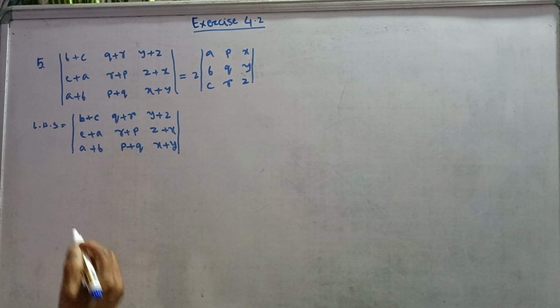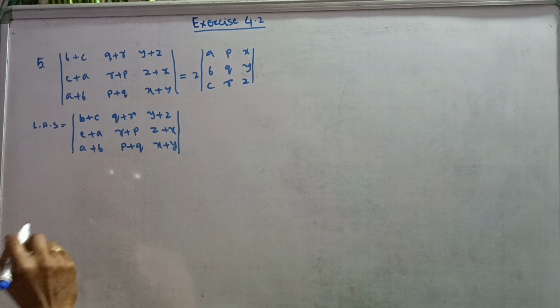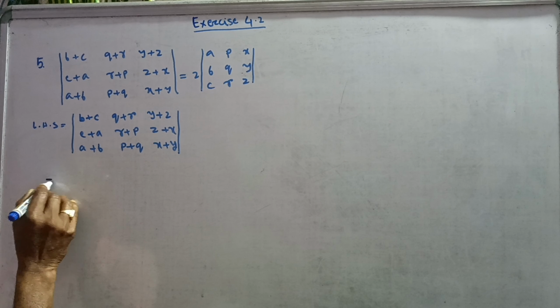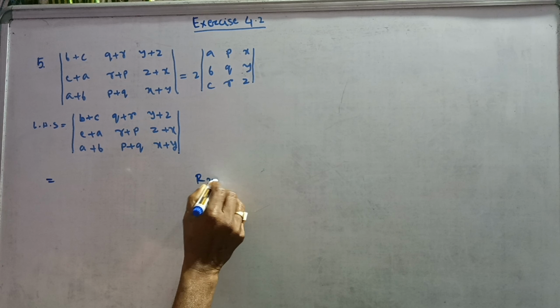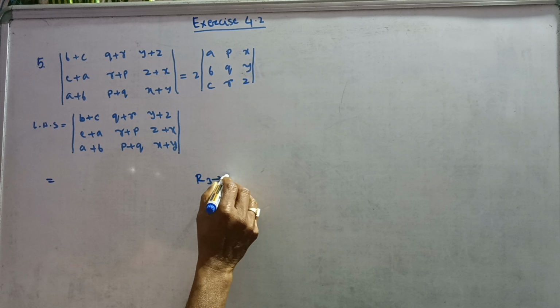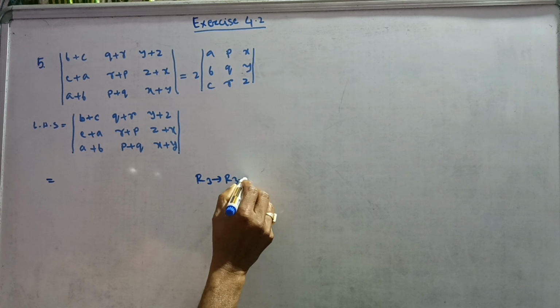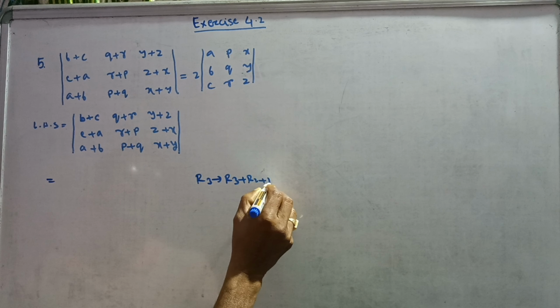Number 5, we take the left hand side. Now we apply R3 changes to R3 plus R2 plus R1.